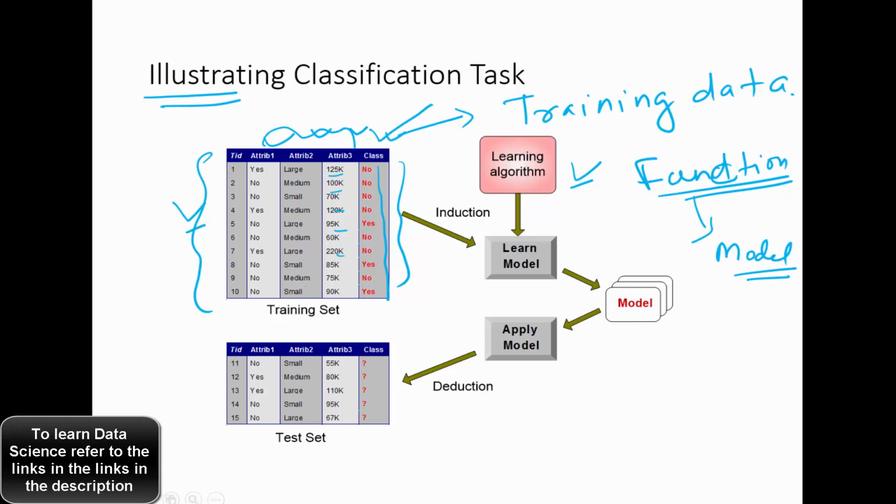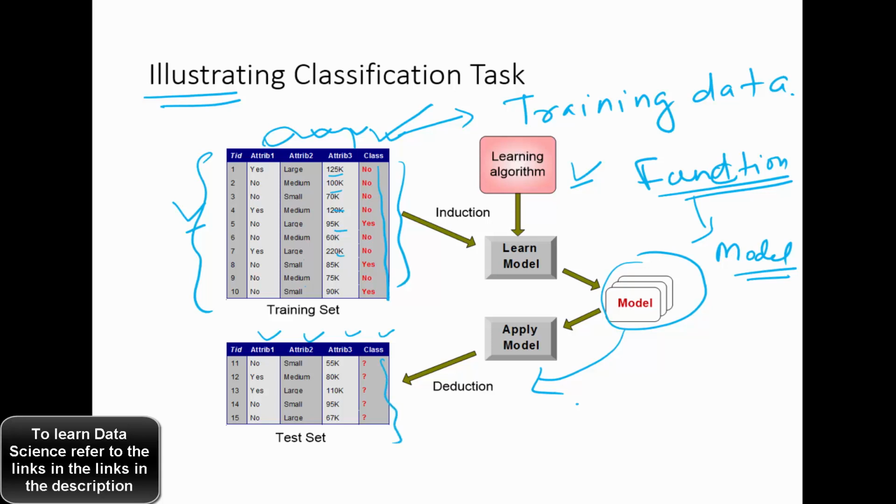There are several of them. You might have heard about other learning algorithms, but decision tree is just one of them. So you use a learning algorithm to come up with a model, and you apply that model to find the class using the attributes. Now you have attribute 1, attribute 2, and attribute 3, and using this information, you find out whether the class is yes or no. That's not given to you.